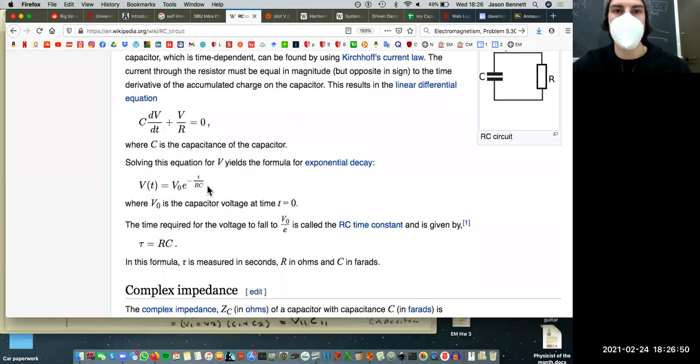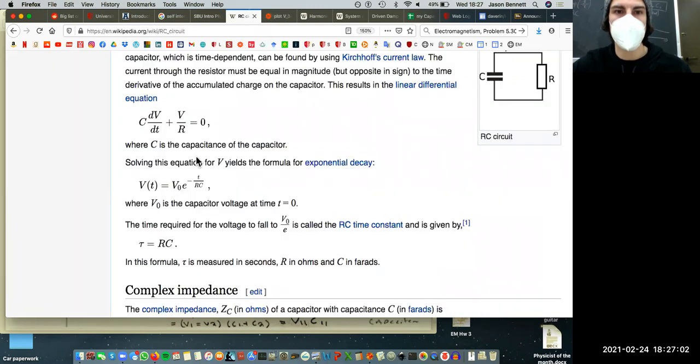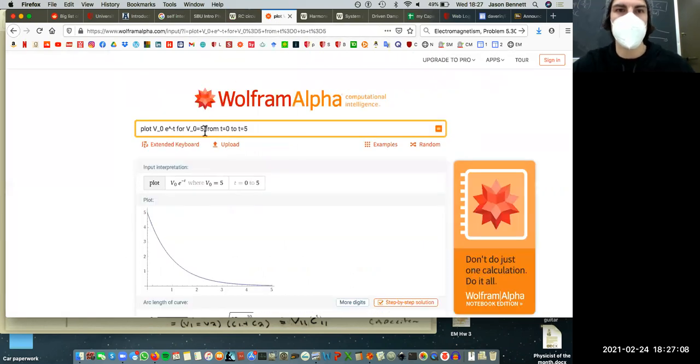If I plot this, it tells me that the voltage starts at whatever my battery says. Let's say my battery supplies 5 volts. I'm just ignoring the RC, since it's just a constant, and giving it a number so that it doesn't start at infinity.